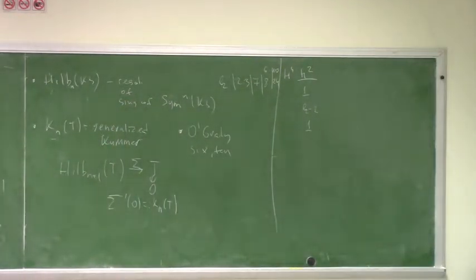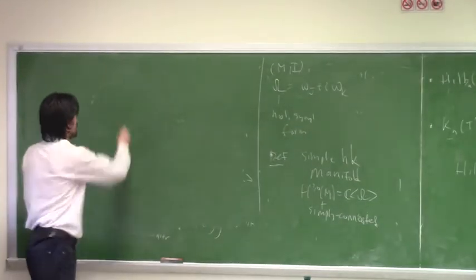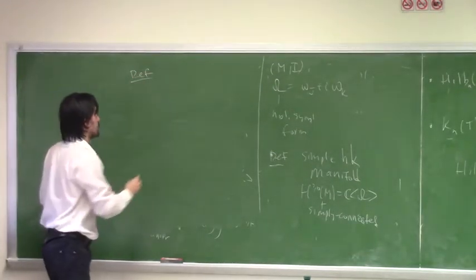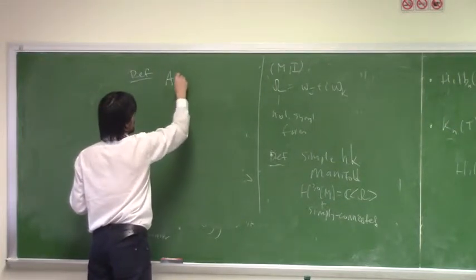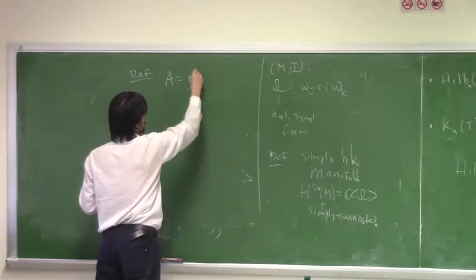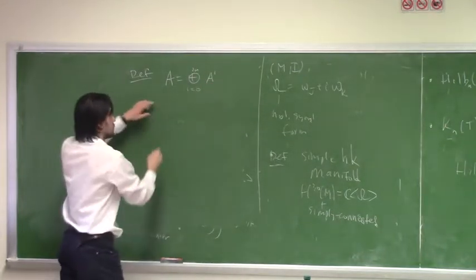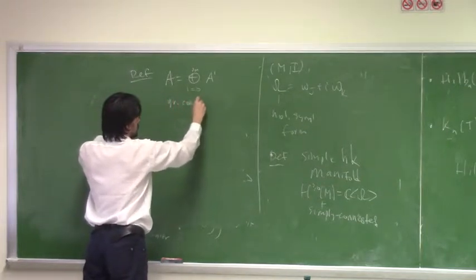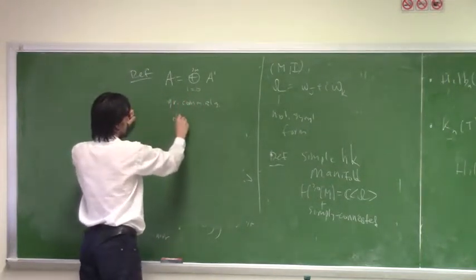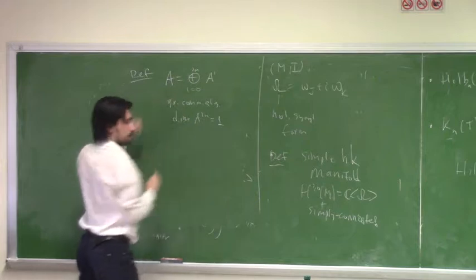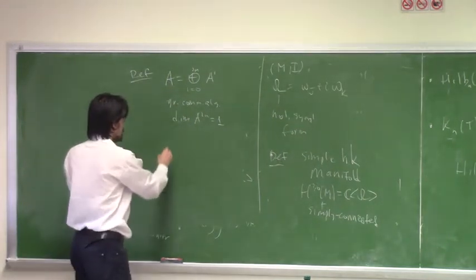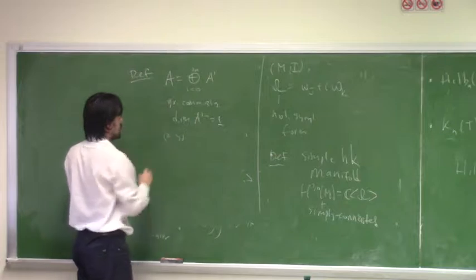So I'll mention a couple of very important facts about it. Let me define the Frobenius algebra. I have A from 0 to n, a graded commutative algebra such that the dimension of the last element of the grading is 1. Then consider the following mapping for two elements x and y.